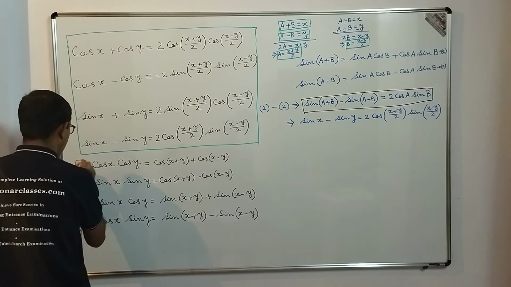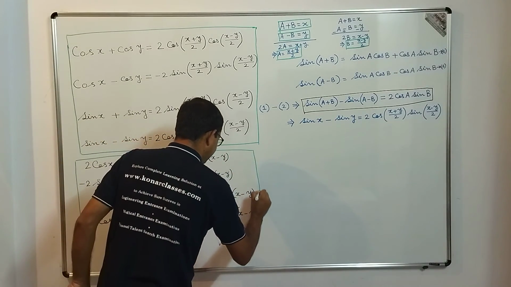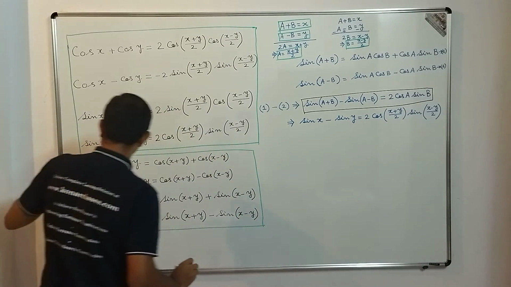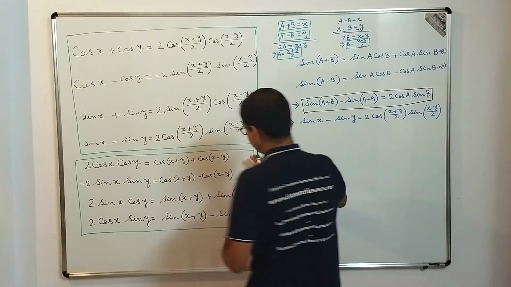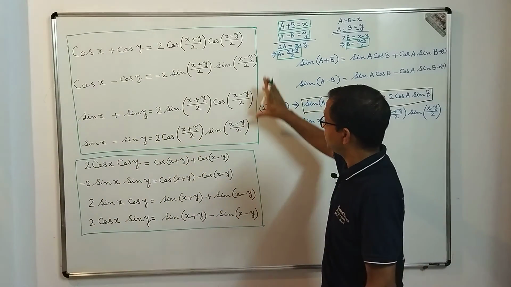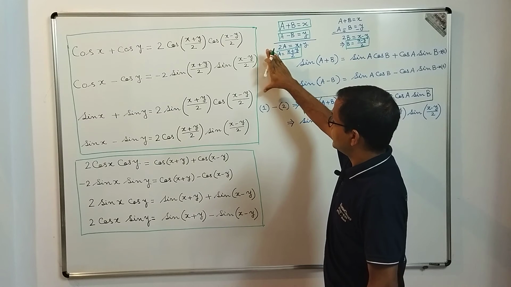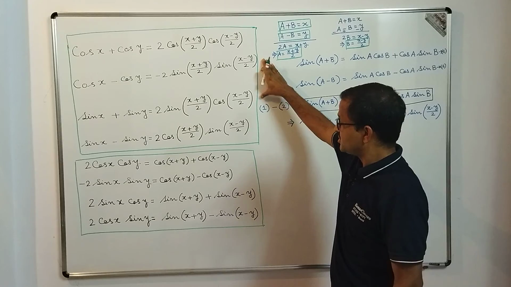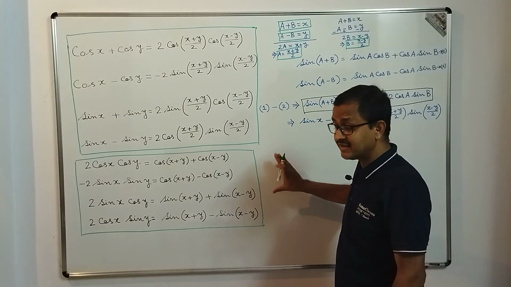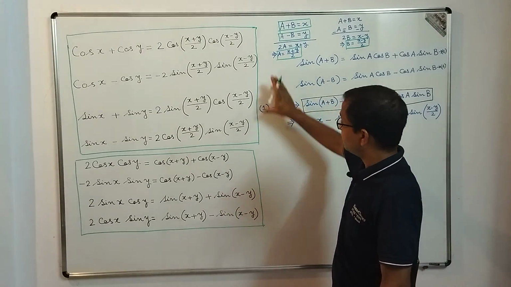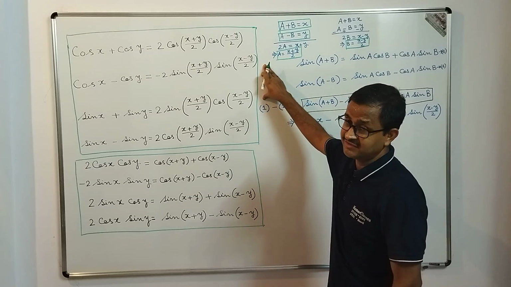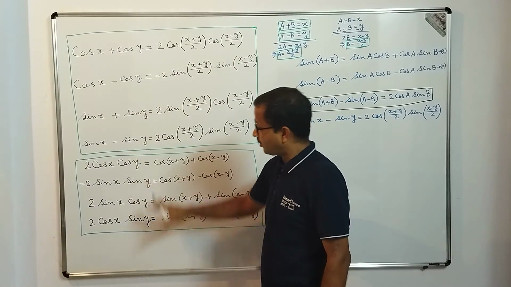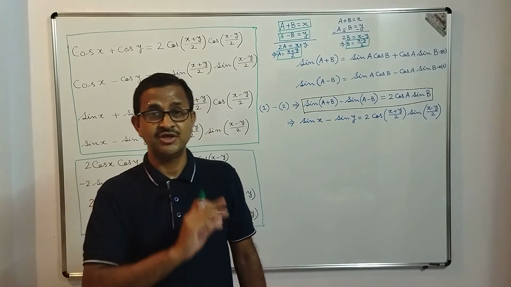It is better to remember all these 8 formulas, but in case you forget any one of the next set of 4 formulas, you can derive it from here. But remembering these first 4 formulas is an absolute must. This is also important to remember, but in case you forget, you can derive it from here, but if you forget this, then it is difficult to derive. So it is my humble suggestion that you remember all these 8, but especially the initial 4.